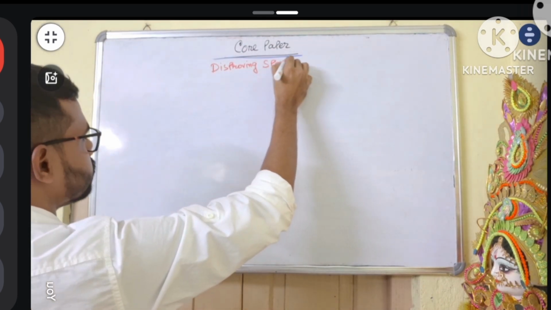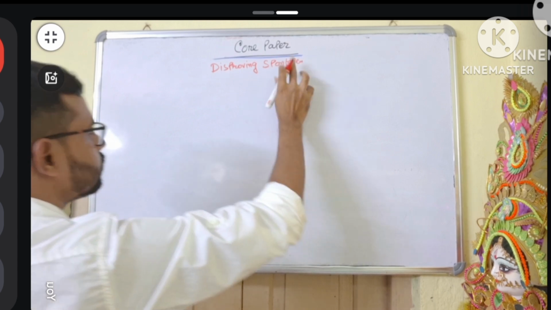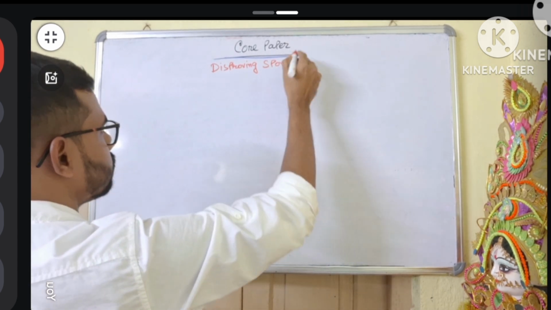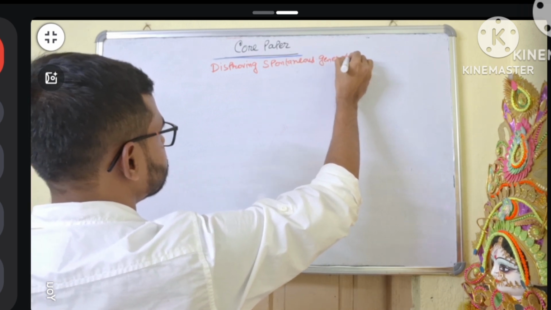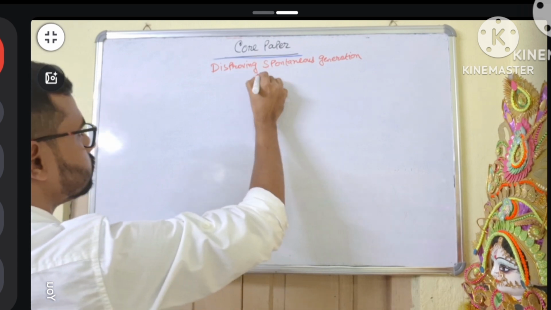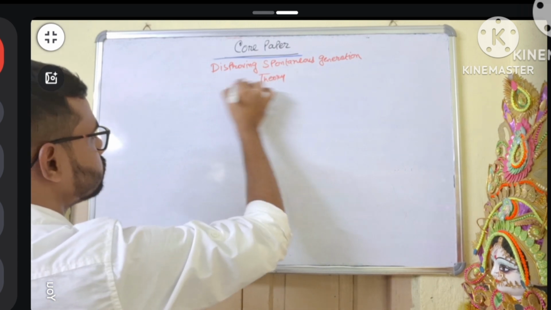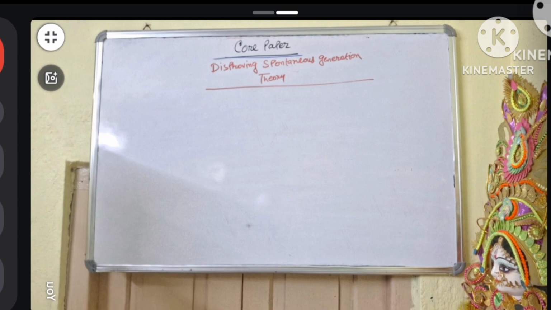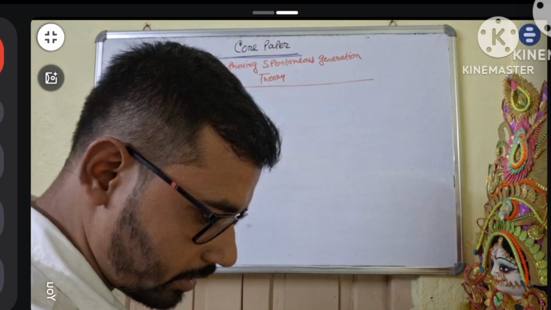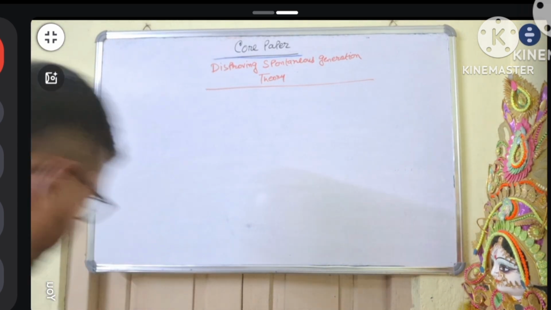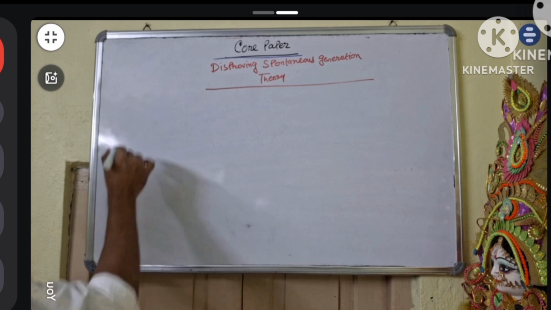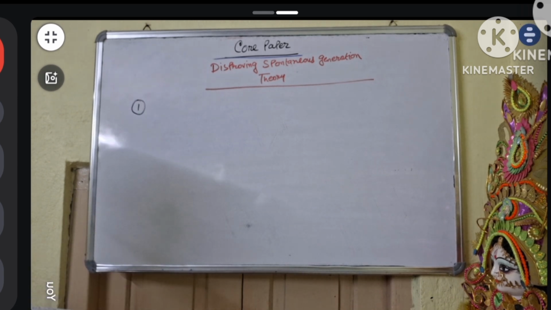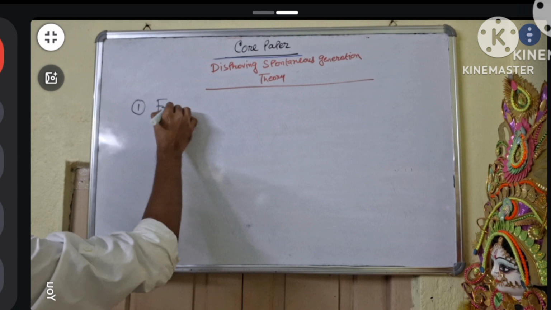So, disproving spontaneous generation theory. The first scientist that came to disprove this matter was Francisco Redi.